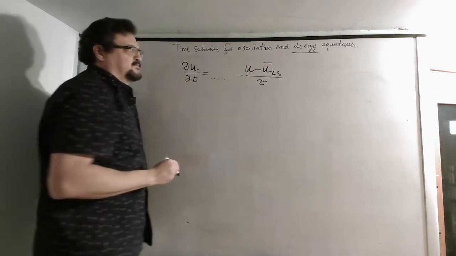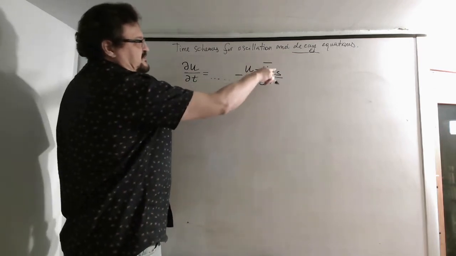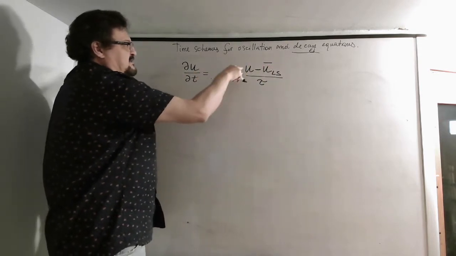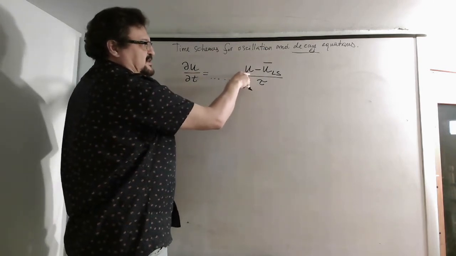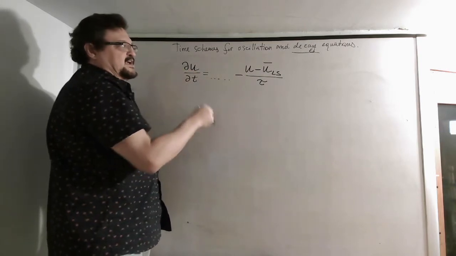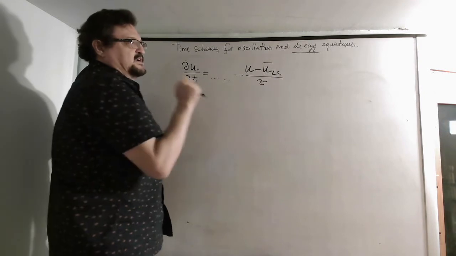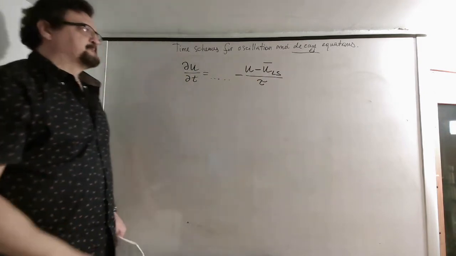So we need to put a minus sign in here. Then when u is greater than what you prescribe, with the minus it will reduce u. And if u is actually smaller, the term becomes positive and starts accelerating it. So this term will nudge the solution over time scale tau towards your prescribed velocity.